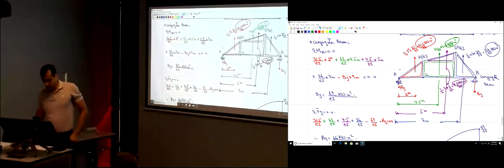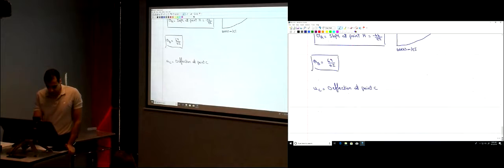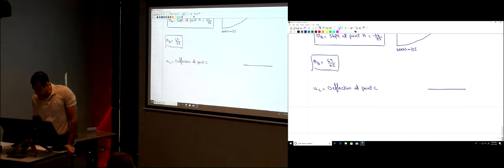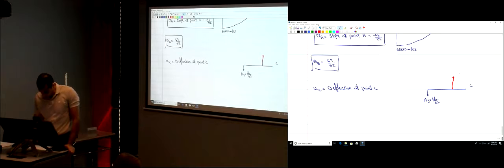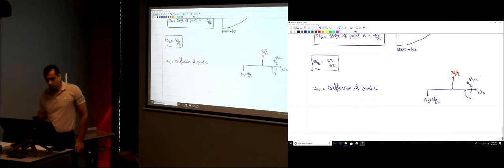So this is the section at point C. AY here was equal to 66 divided by EI, and we had this resultant force, concentration of the triangular load, that was 31.5 divided by EI, and then here at point C that is VC, NC, and MC.